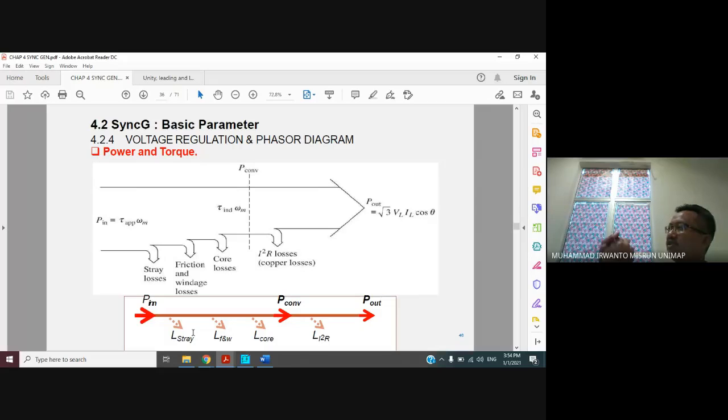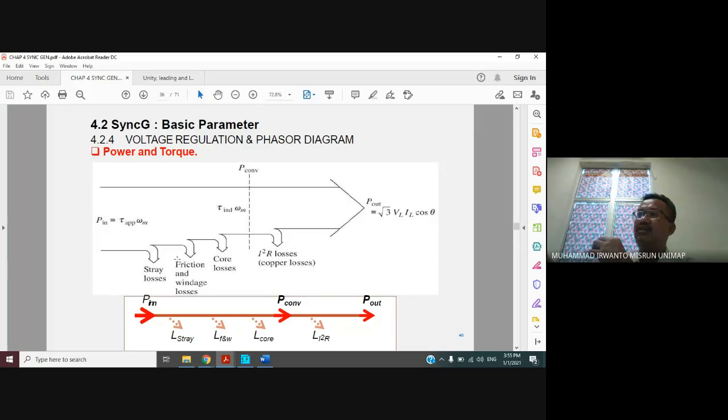The types of losses are stray losses, friction, which is between the rotor and stator because of the air gap, and core losses, because the rotor and stator each have a core. After that, because the winding is copper, we also have copper losses. After that, electrical power is produced and connected to the load.